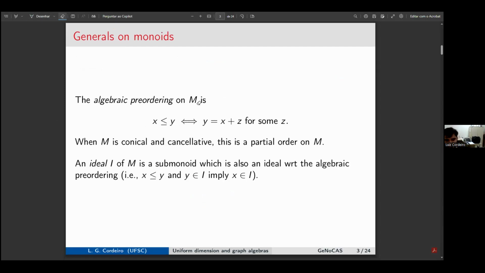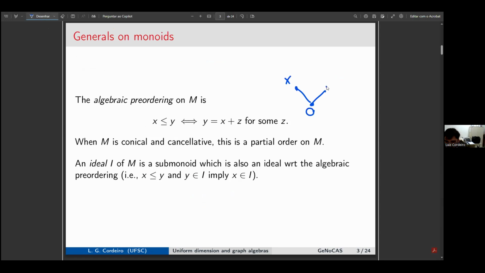And the algebraic preordering is defined as that. An element is smaller than another one if the bigger one is a sum of the smaller one and another element of the monoid. We will be mostly interested in the ordered structure of the monoid. The 0 is at the bottom of the monoid.